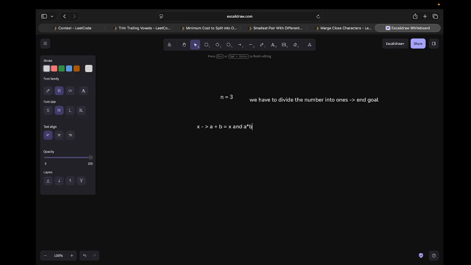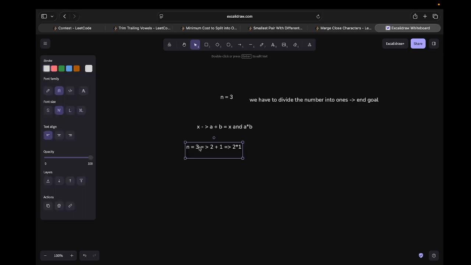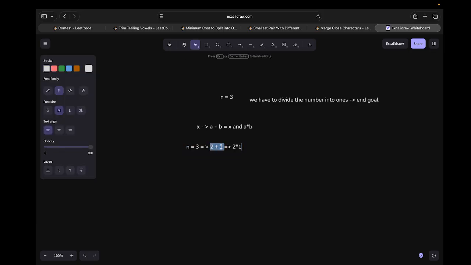So this is the condition which they have mentioned, right? For the first example, if the value of n is 3, then how can we divide it? We can divide it into two parts, 2 plus 1, which is equal to 3, and the cost is going to be this one, right? So we have divided our 3 into two numbers a and b, which is fine, and we also got our cost.